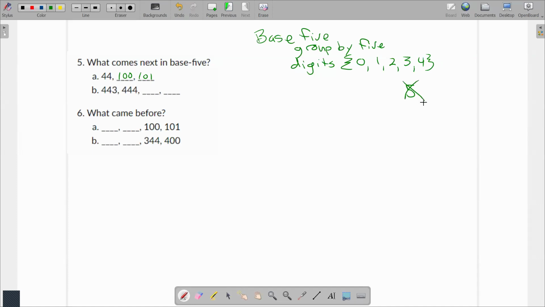It's illegal, doesn't exist. Once I get to a 4, like a 9 in base 10, I got to jump to the next place value. What's right before 100? Well, up here, I can see that, and right before that should be 43, 44.